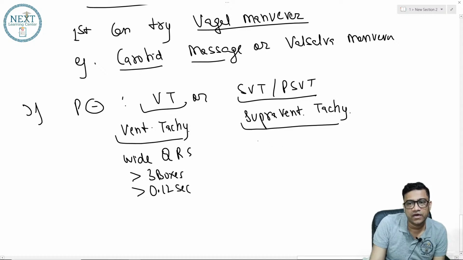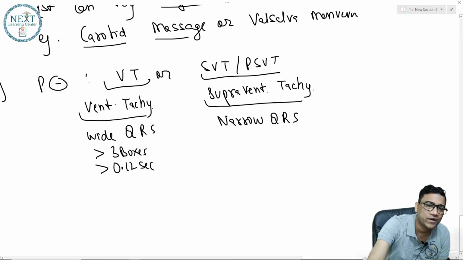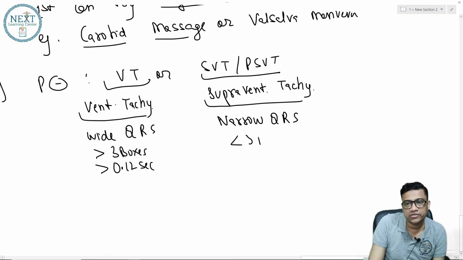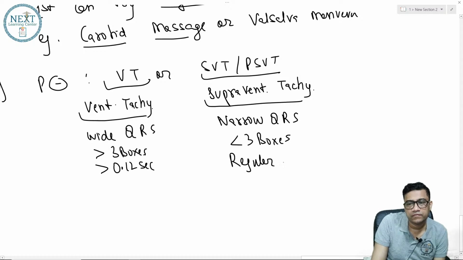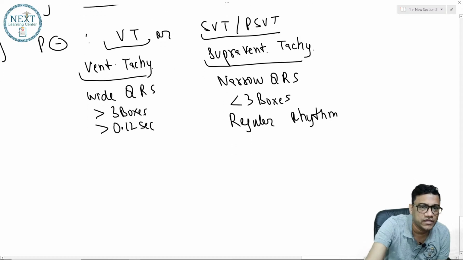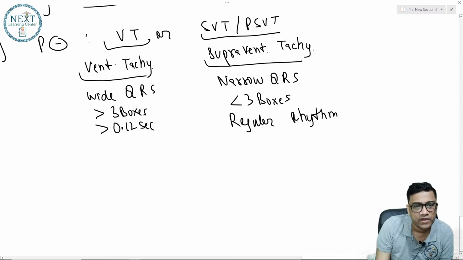Here in SVT there is a slim or narrow QRS, less than 3 boxes, and a very regular rhythm.